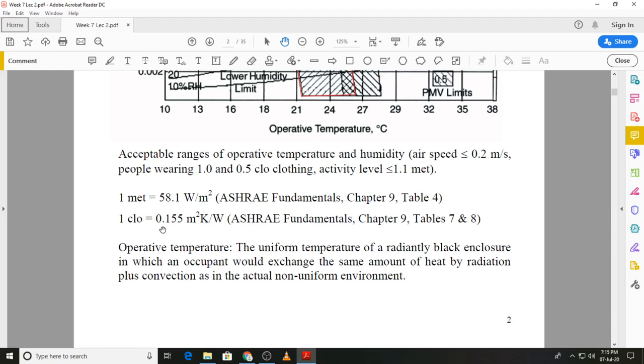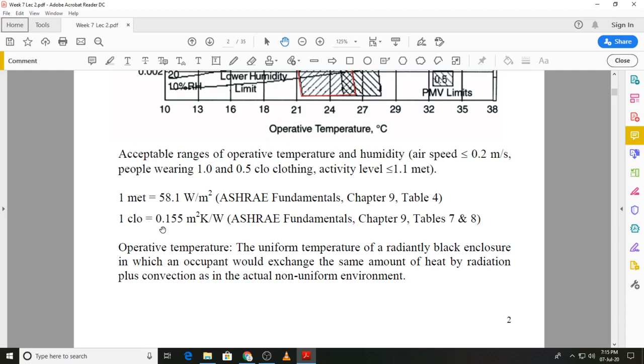And those walls, the ceiling and surfaces will be at different temperatures. And if we have an occupant in that space, he or she will be exchanging energy with the surfaces by radiation, and that occupant will also be transferring heat to the surrounding air by convection.